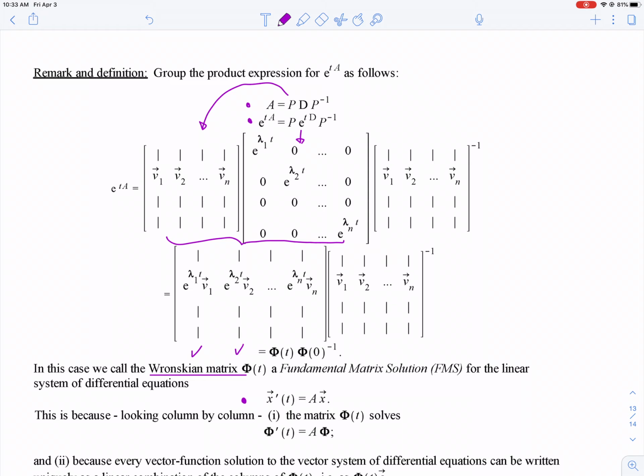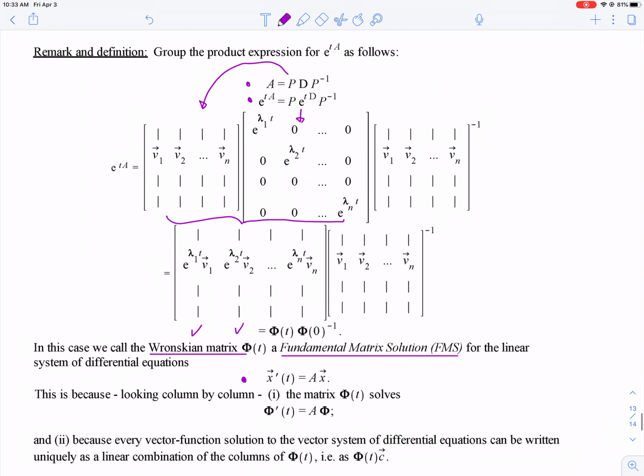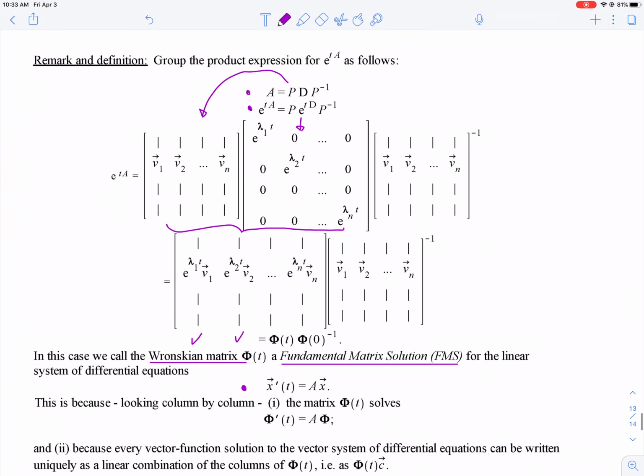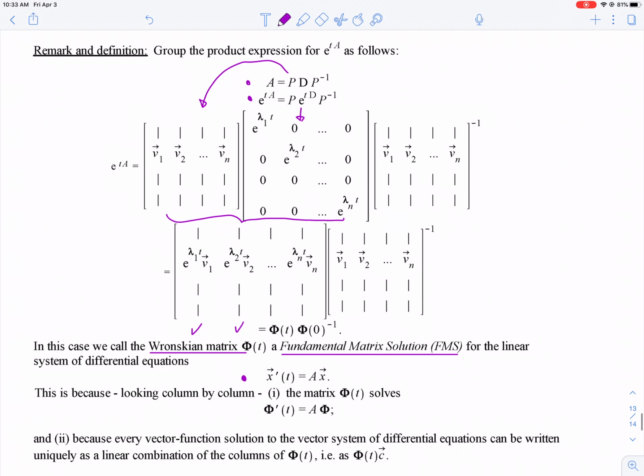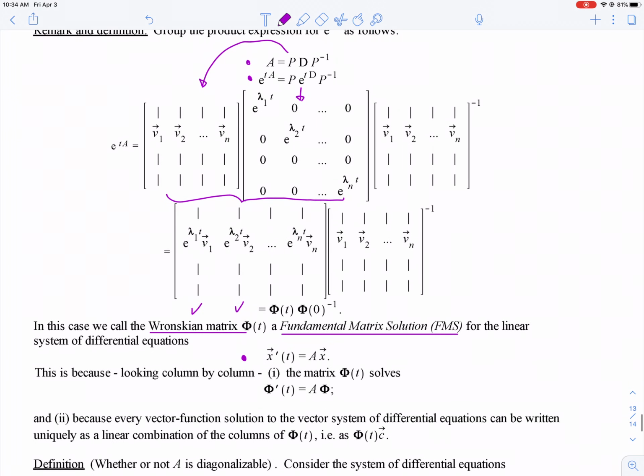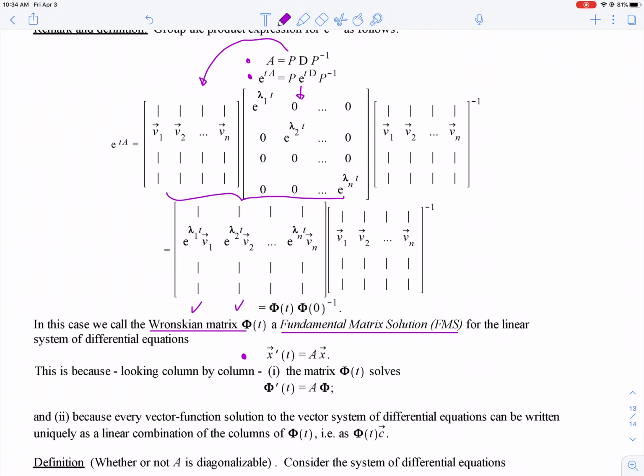The terminology the text uses in this section is a fundamental matrix solution. We call a matrix Phi(t) a fundamental matrix solution for x prime equals Ax if the columns solve the system and they're a basis for the solution space.